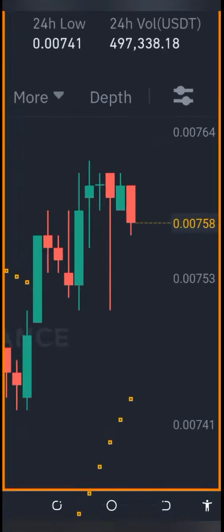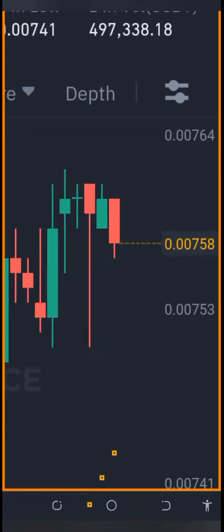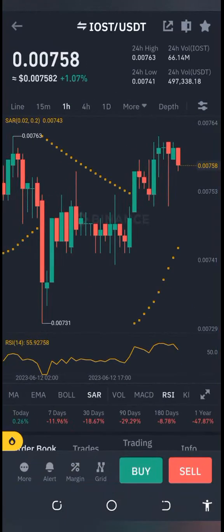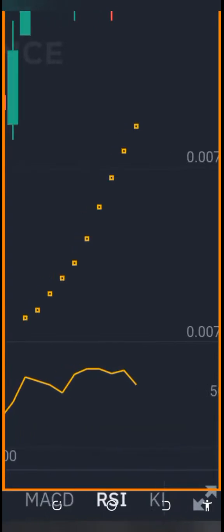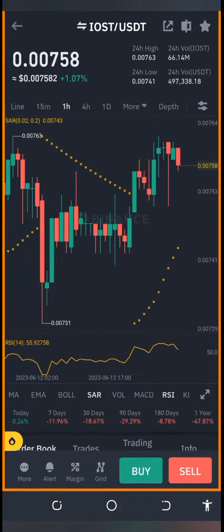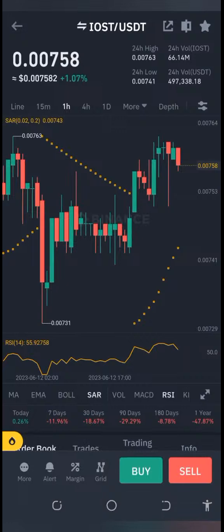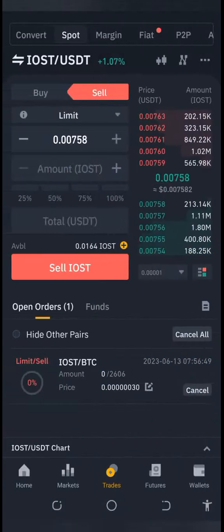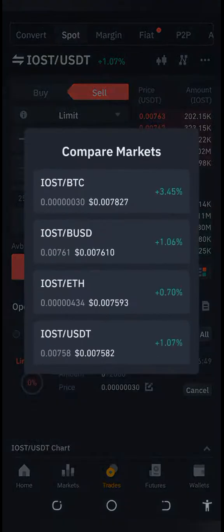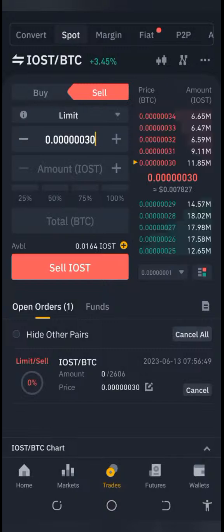Can you see this? It's currently a red candle, but look at the parabolic SAR. The parabolic SAR is heading upwards, so there's a tendency that this can push up. I'm going to keep my eyes on this. The other thing I'm going to keep my eye on, of course, is IOST BTC, because I don't have a choice really at this point.